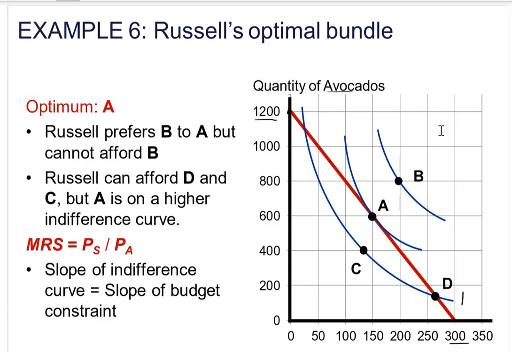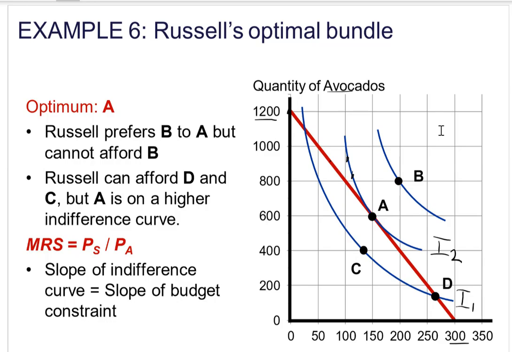Let's call it I1. Along I1, Russell will be indifferent between any point along this curve. And also this I2. However, I1 is not preferred when there is I2. So I2 is a higher indifference curve, and it allows Russell to choose higher combinations of avocado and steak.